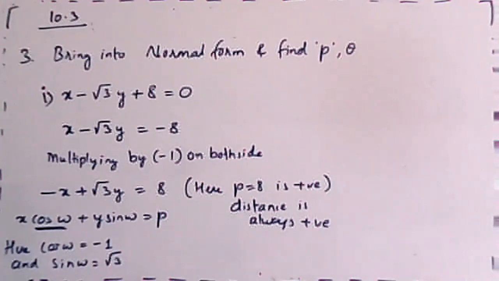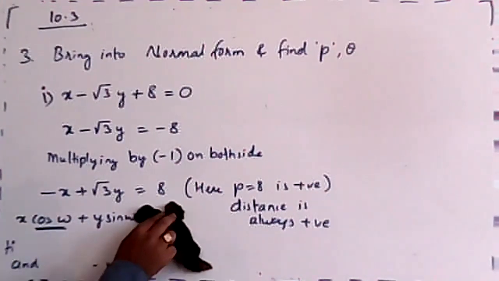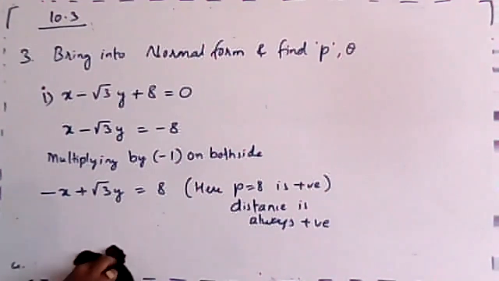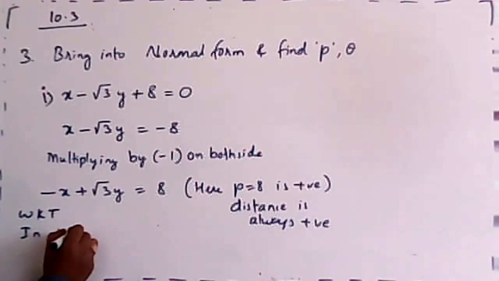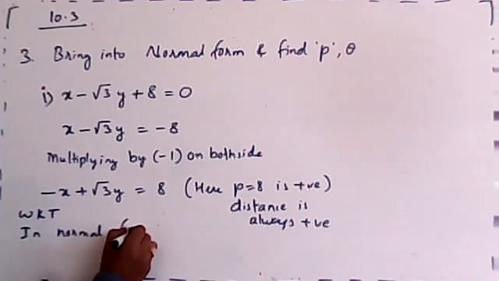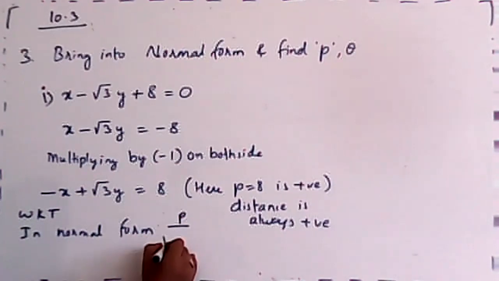So for a perfect understanding, we will do it with a formula. We know that in normal form, p divided by root of a square plus b square, right?